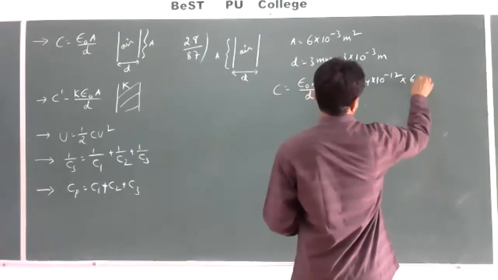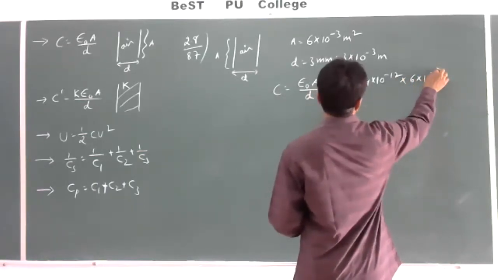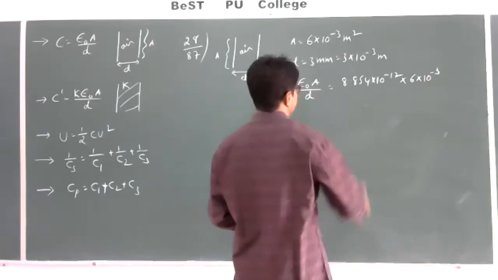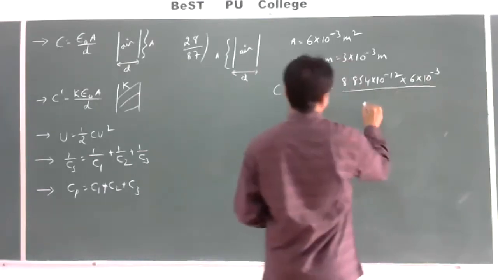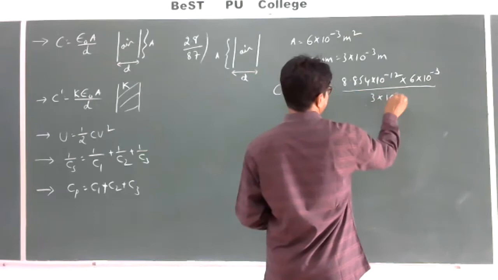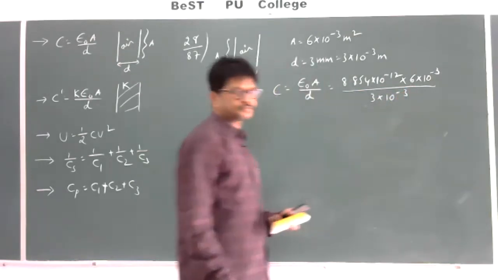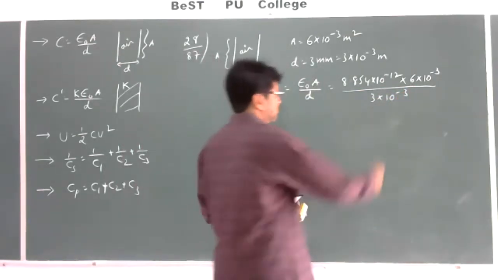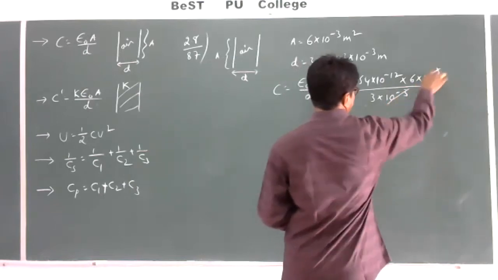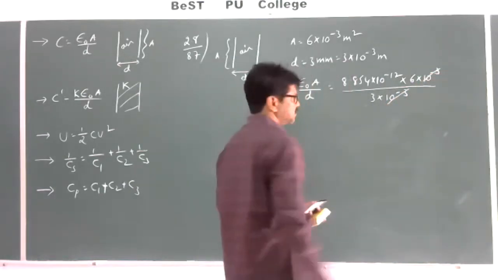A is equal to 6 into 10 to the power of minus 3. D is equal to 3 into 10 to the power of minus 3. So 10 to the power of minus 3 and 10 to the power of minus 3 get cancelled.